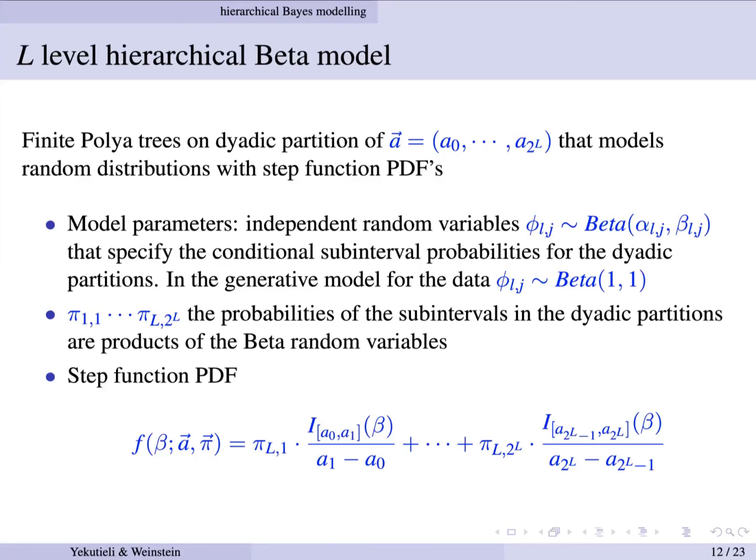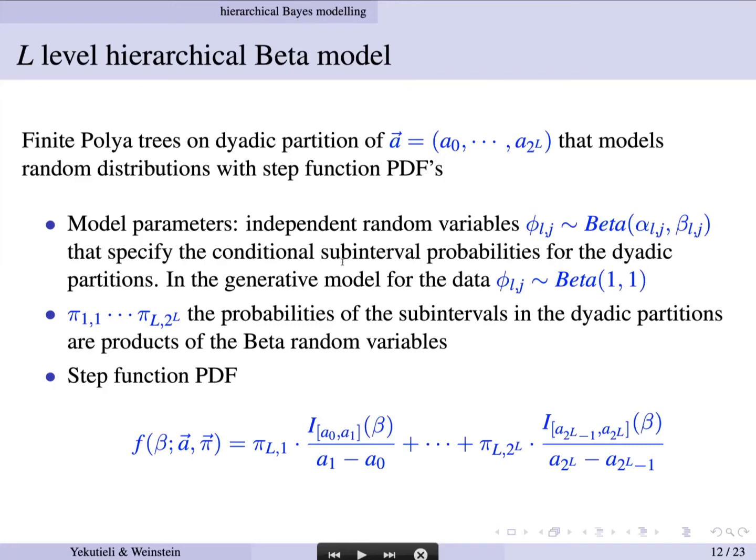And we use it to model a random distribution function with step function probability density, okay? The idea is our objects are not continuous distributions, but step function distributions with which we approximate any continuous distribution.